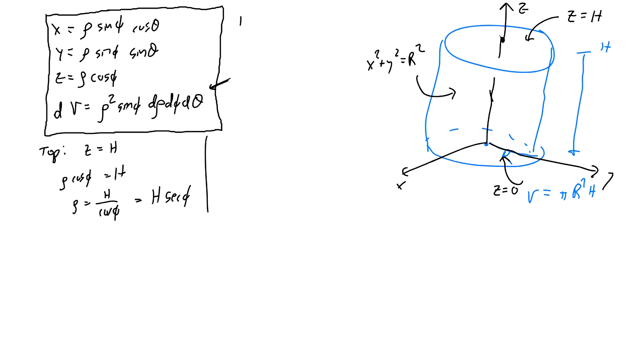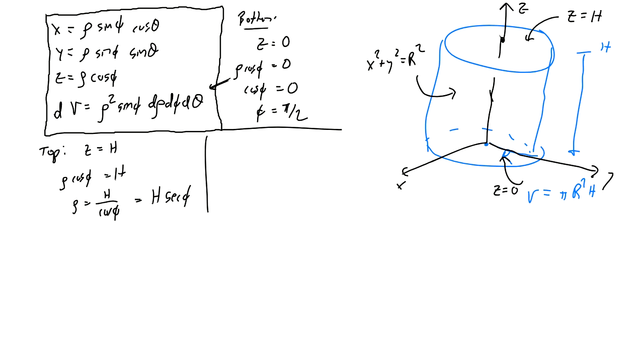The bottom, z equals 0. So rho cosine phi equals 0. So cosine phi equals 0. And that happens at phi equals pi over 2. And in retrospect, we realize that that's true, that if we look at all the points where phi is pi over 2, then that's exactly the xy plane.